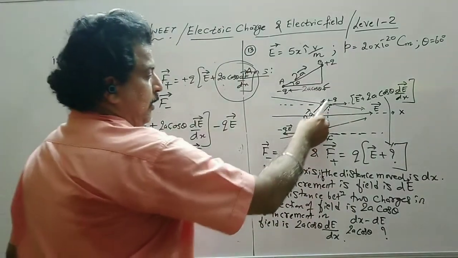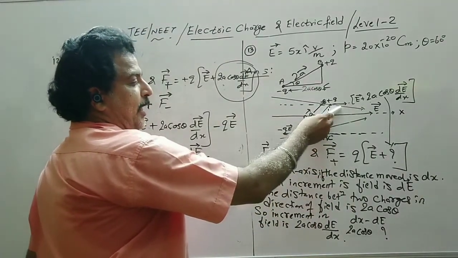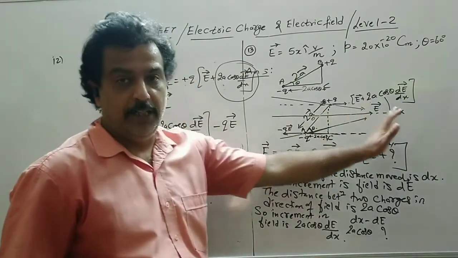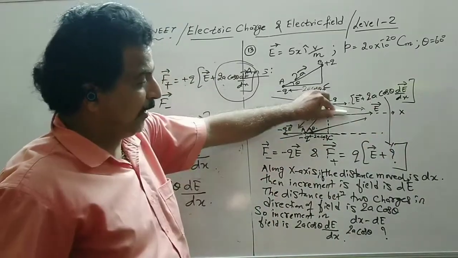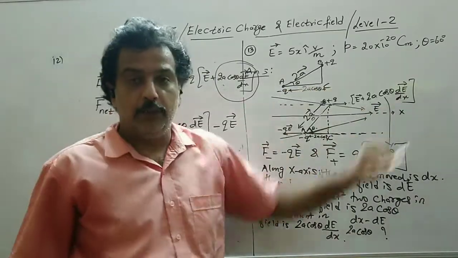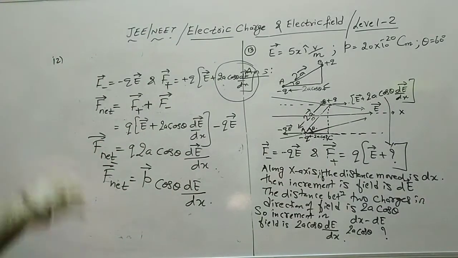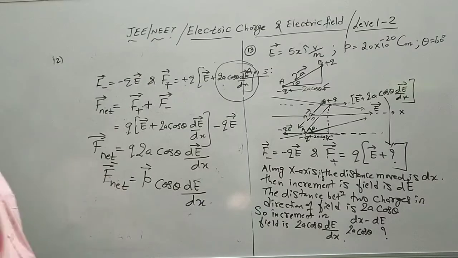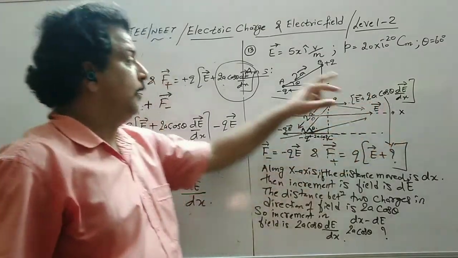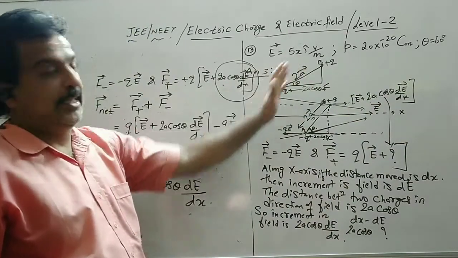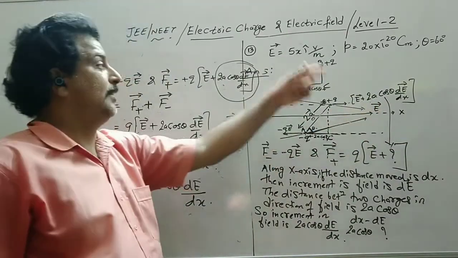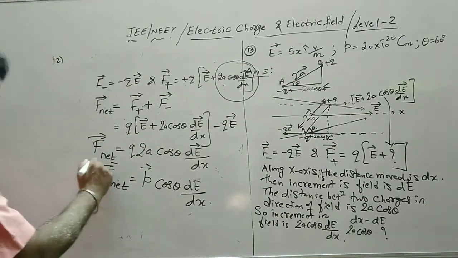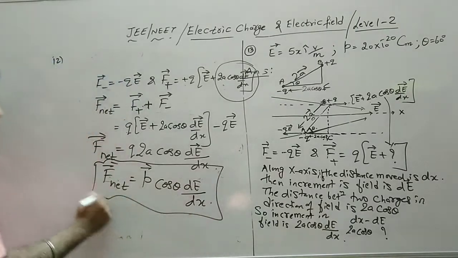That is, it will perform a rotational motion and it will keep on moving in the direction of the field, and once it gets aligned in the direction of the field, it will move along the x-axis. So the resultant comes out to be along the x-axis. So here the field is a function of x, means as the distance along the x-axis increases, the field also increases. So now this is the resultant force formula you have to remember.